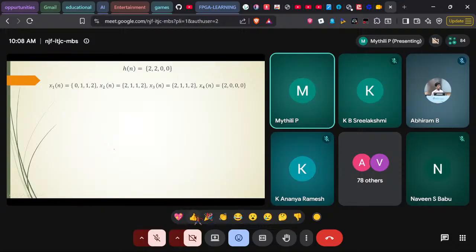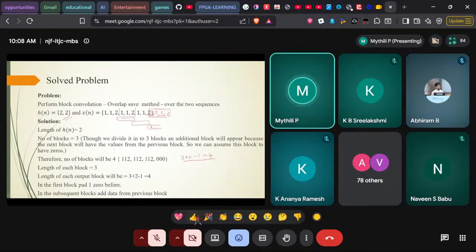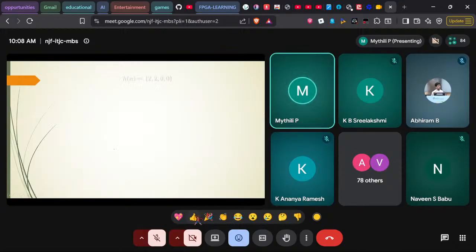The first block will be 0022. That's a mistake there. Typo is there. This is not 220. It should be 0022.